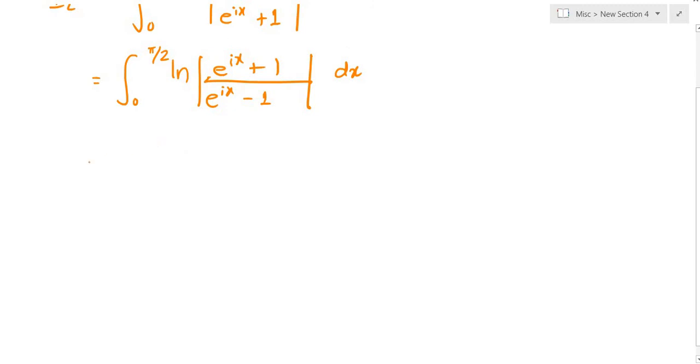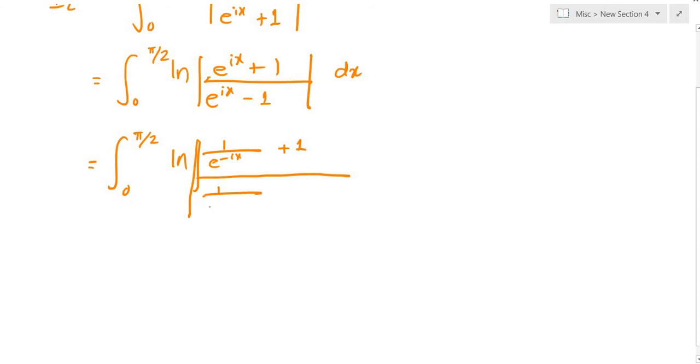Now instead of using the positive exponents, I'm going to be using negative exponents, and you'll see in a minute why. So we have the integral from 0 to pi over 2 of the natural log of 1 over e raised to negative ix plus 1, divided by 1 over e raised to negative ix minus 1, dx.